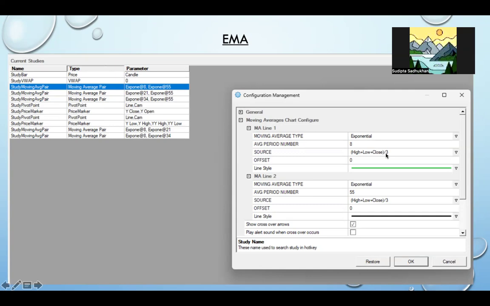There is no hard and fast rule that you need to use a similar strategy, but this is working best for me. That is why I am using 8, 21, 34, 55, and all these numbers are derived from the Fibonacci numbers. You can also use high plus low plus close divided by 2, or there are multiple ways to calculate moving averages. Different people will have different calculations, but this works best for me, so I'm using high plus low plus close divided by 3.